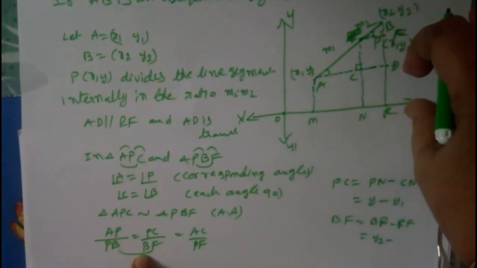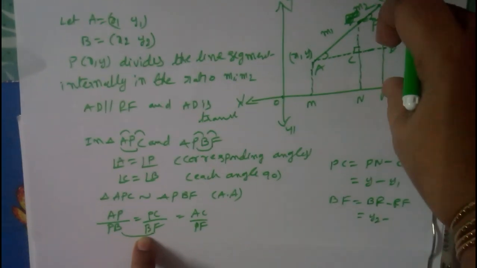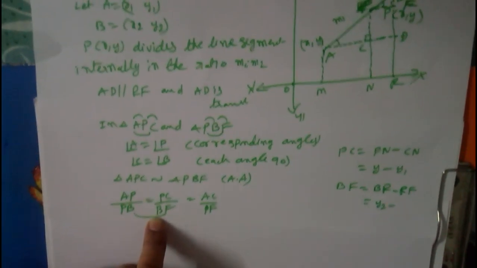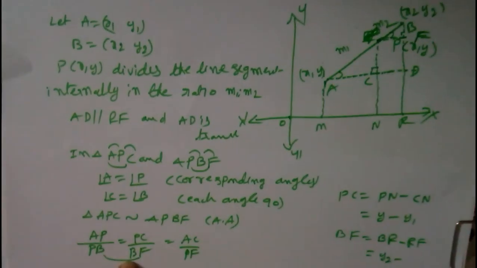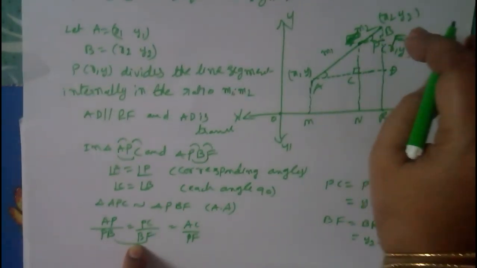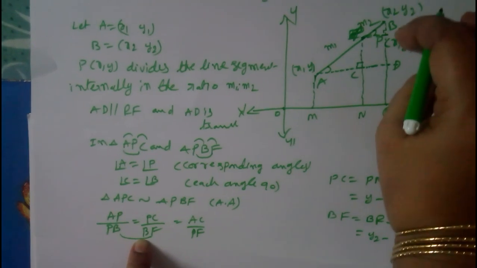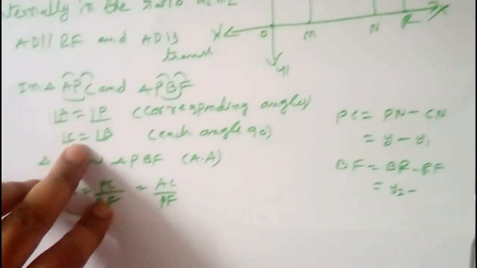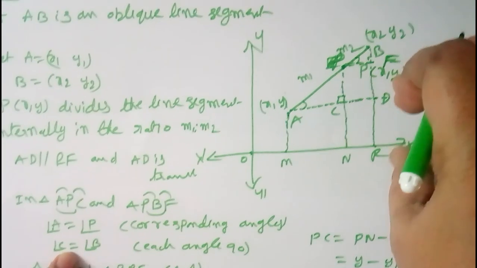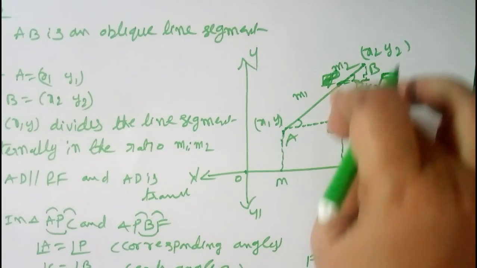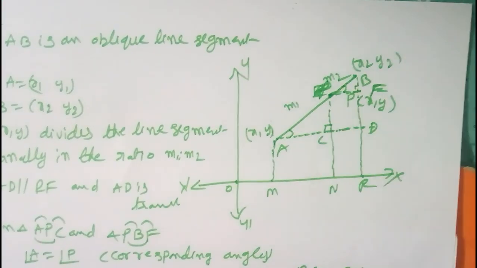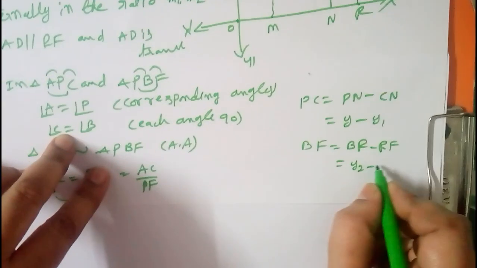What is the RF value? This RF is nothing but PN. Then what is the PN value? PN is equal to Y. So BF is Y2 minus Y.